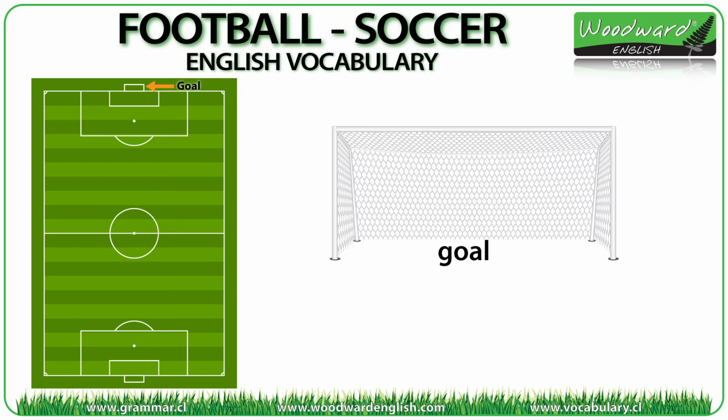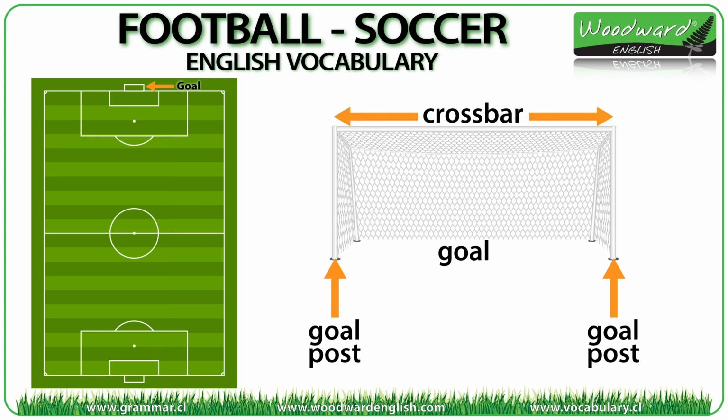This is the goal. The goal consists of two vertical goalposts and a horizontal crossbar above the ground. There is normally a net attached to the goalposts and the crossbar to help confirm whether the ball has entered between the posts or not.